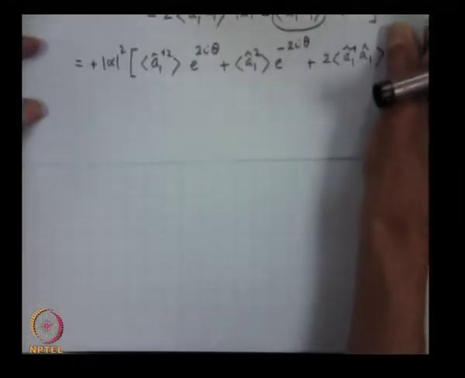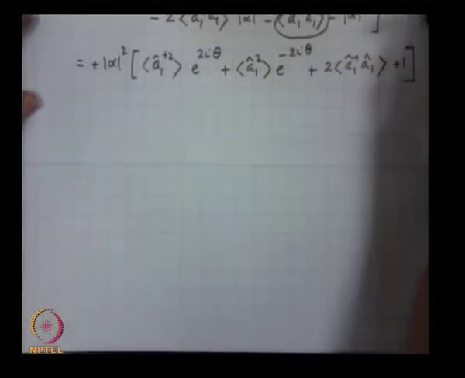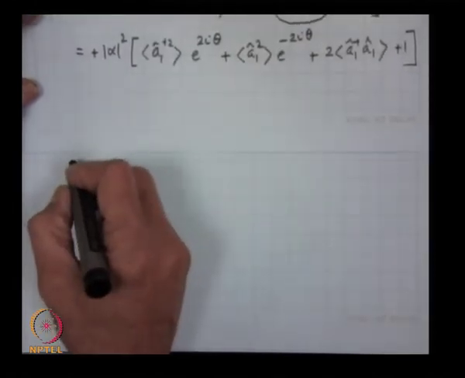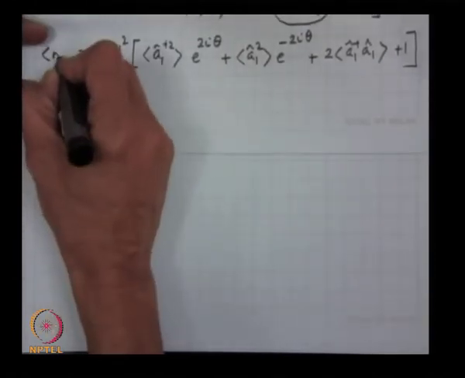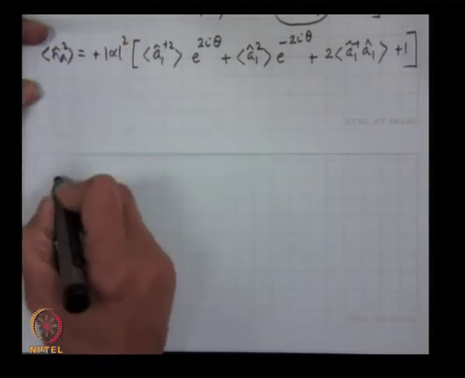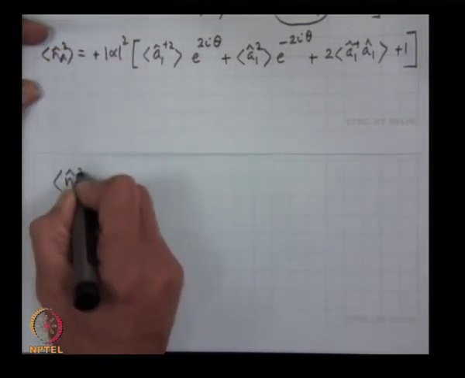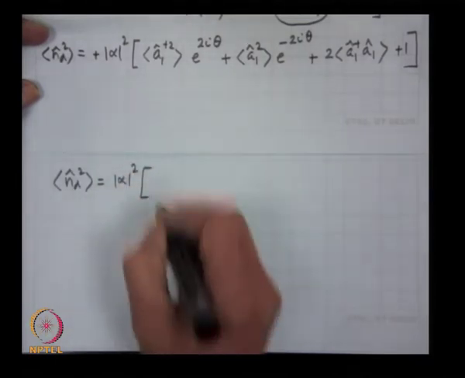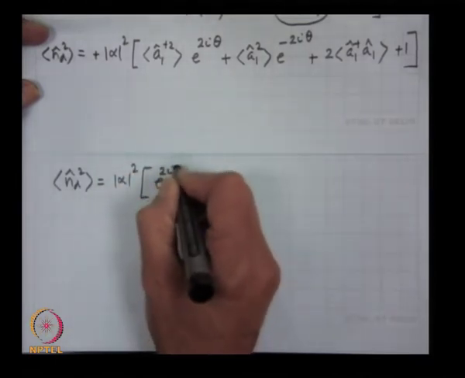So let's calculate now the expectation value of n_D square. Here's the expression. Mod alpha square, exponential 2i theta.